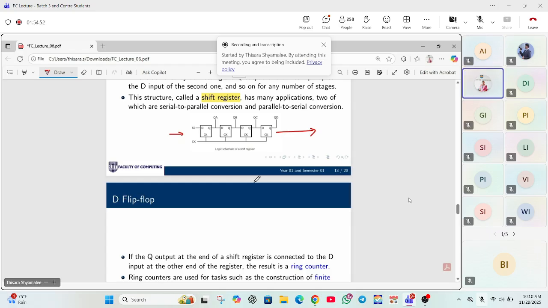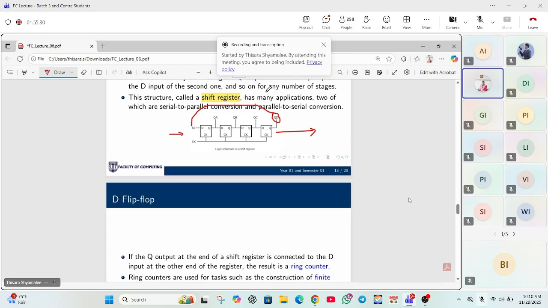So what does that mean? When you combine the Q output at the end of a shift register with the other end, that means the D input at the other end of the register, the result is the ring counter.